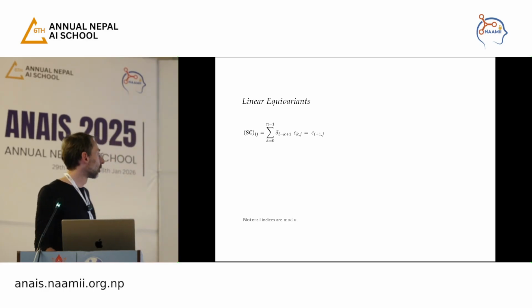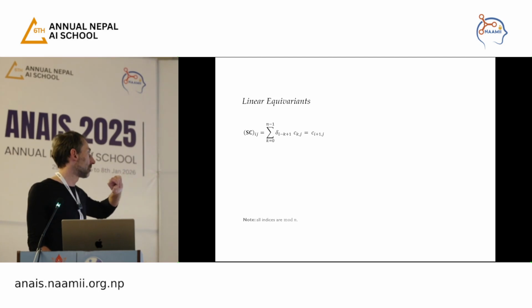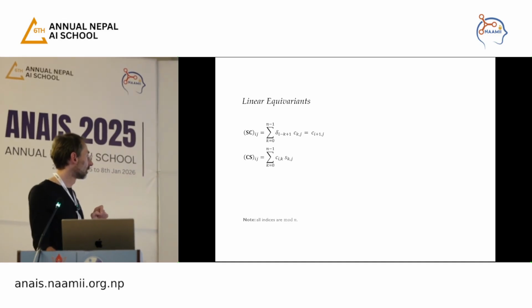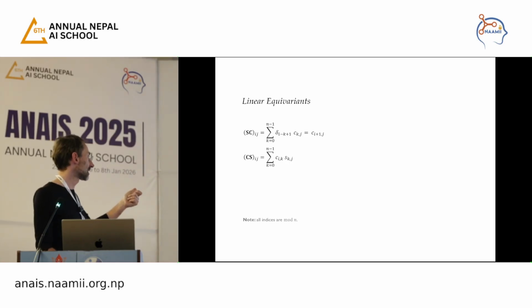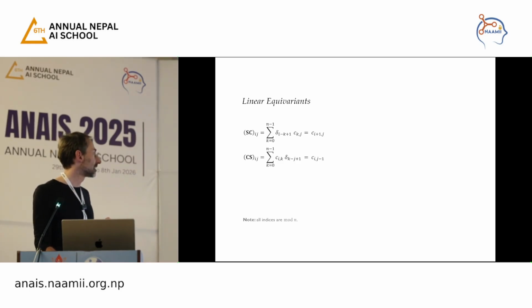Basically out of this sum, it leaves only a single element in each summation, and this element is C_{i+1,j}. Now I can do the same thing for the opposite multiplication. CS_ij looks exactly like this. Again, I plug in the definition of S, and I get C_{i,j-1}.